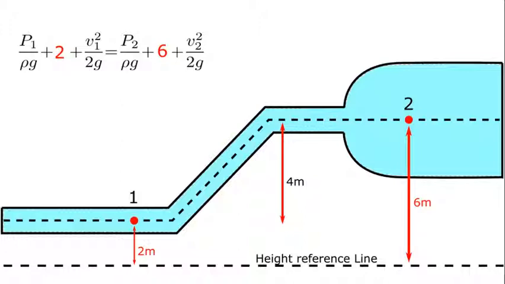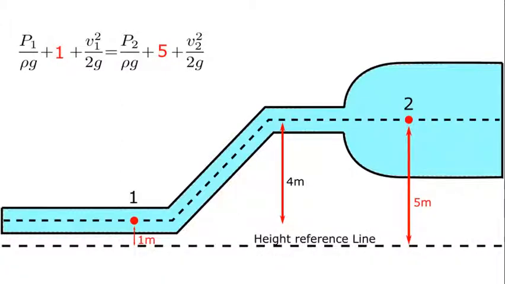We could also have placed our height reference line a little higher, so the distance could be 1 meter on the left-hand side and 5 meters on the right-hand side. The key here is that it really doesn't matter where we place this line as long as both values are being measured to the same line.